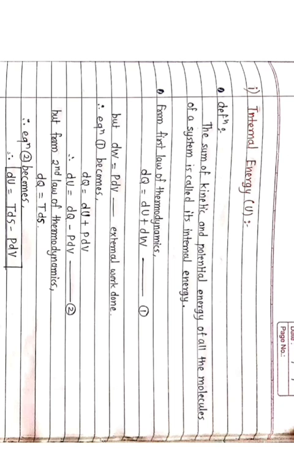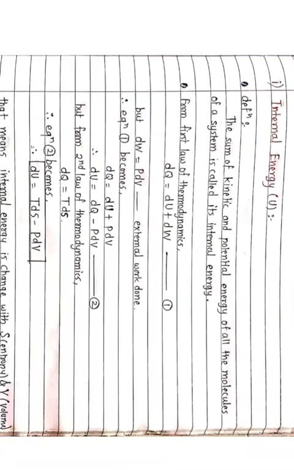So we know that from the first law of thermodynamics, dq is equal to du plus dw. dq is nothing but change in heat, du is change in internal energy, and dw is nothing but external work done. The value of dw is pdv.